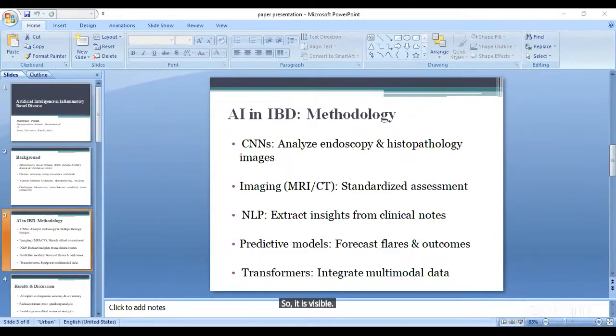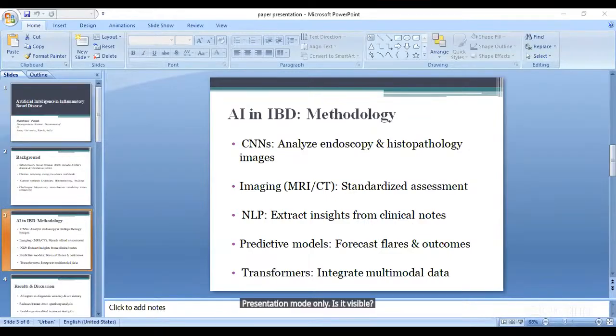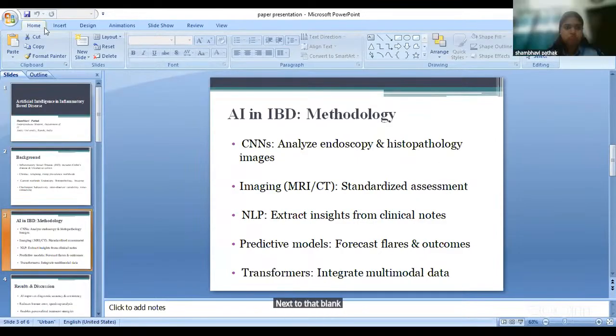Beta, put it into presentation mode, na slideshow. Can you do Is that? it? Is it possible? So, ma'am, I have put it in a presentation mode only. Is it visible? We go So up to on the top, there is slideshow. Can you see on the top next to that blank? Yeah, go I up, go don't up.